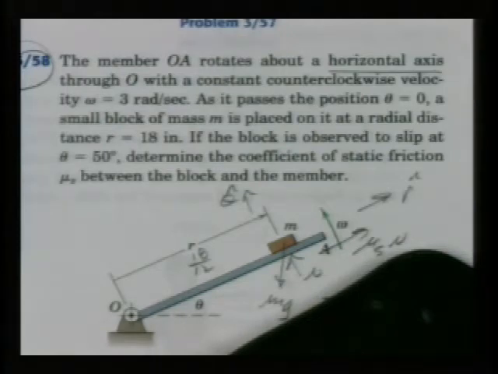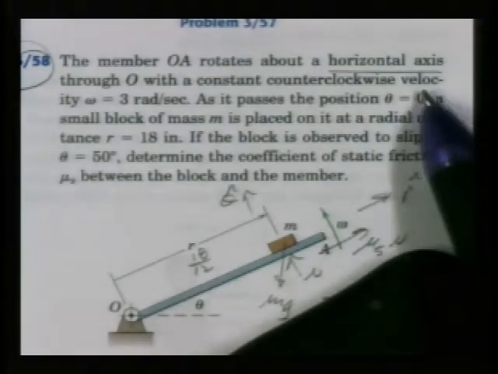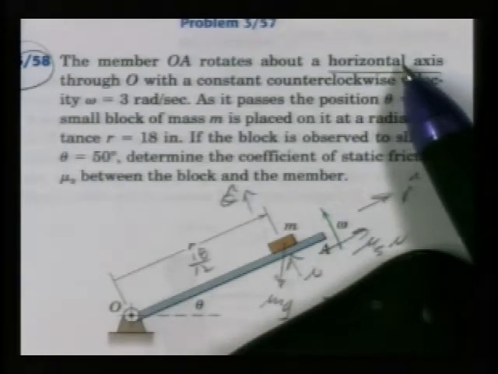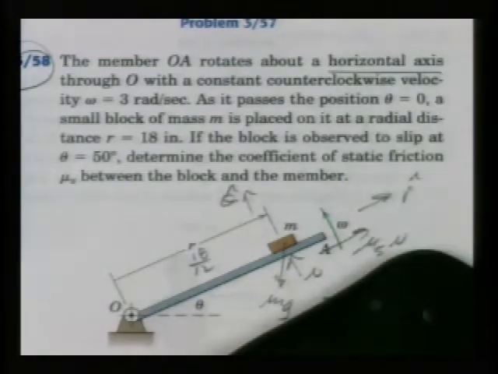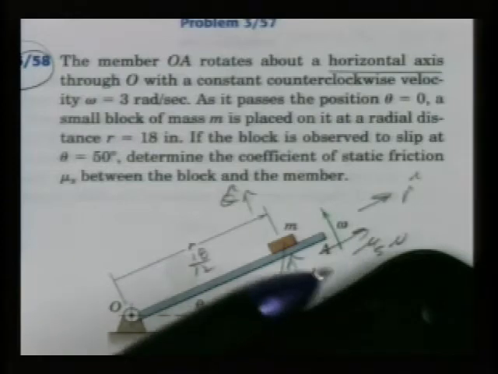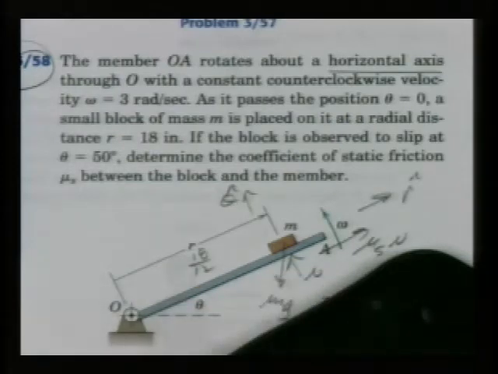You want to be very careful as you move through the textbook or on exams. Notice up here, this is a horizontal axis through O. That means the axis that's coming out of the paper down here at O, coming towards us, is on a horizontal surface. So this object, as this rod rotates, actually has a weight downward.